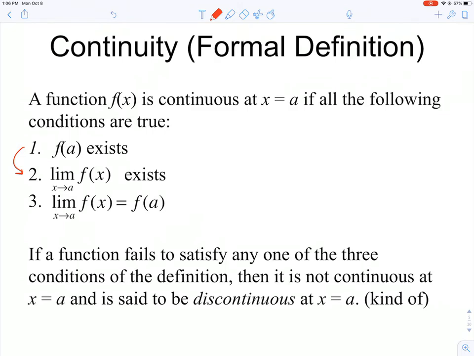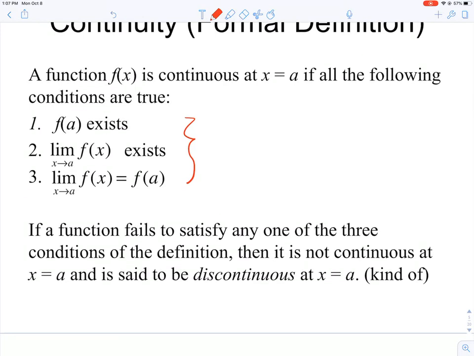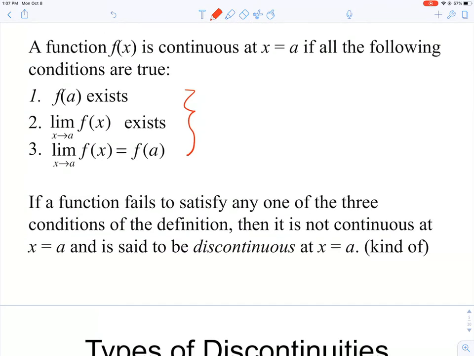So we're going to be treating this as kind of a checklist for helping us to determine if a function is continuous at a point. If a function fails to satisfy any one of these three conditions of the definition, then it's not continuous at x equals a, and is said to be discontinuous at x equals a. I'm going to get rid of this.